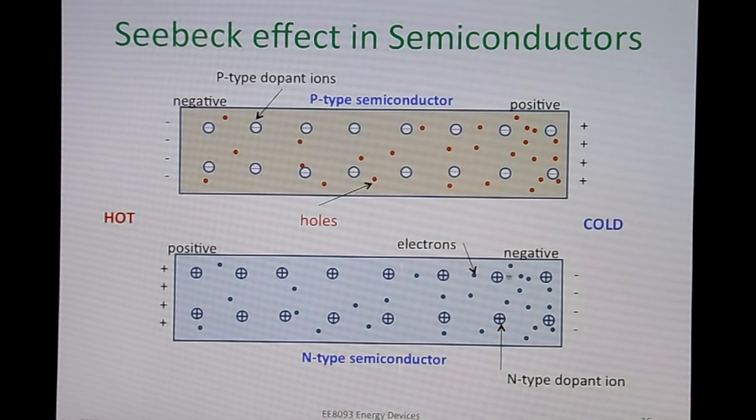So in the steady state, we will again have a buildup of electrons on the cold side, and this will set up an electric field that will oppose the further diffusion of electrons from the left side to the right hand side. So now we have a net negative potential relative to the left hand side for an n-type semiconductor.